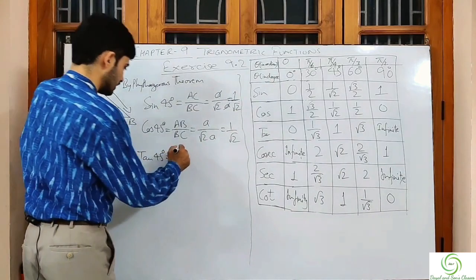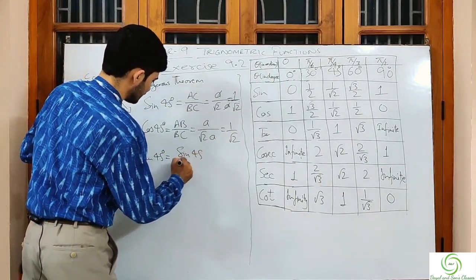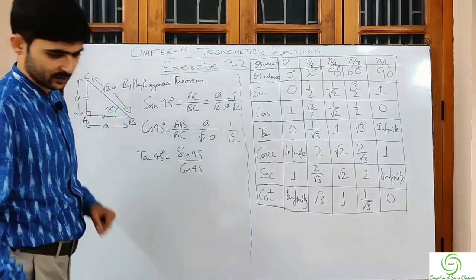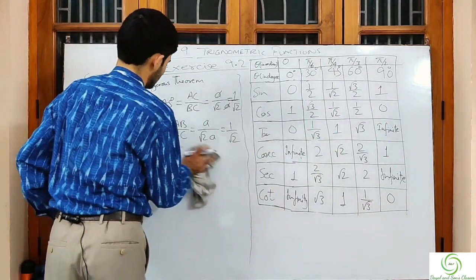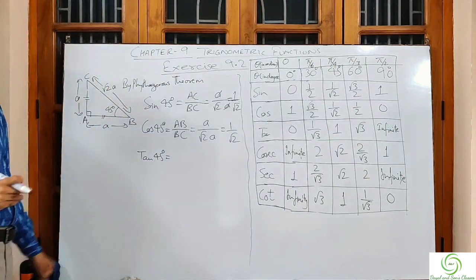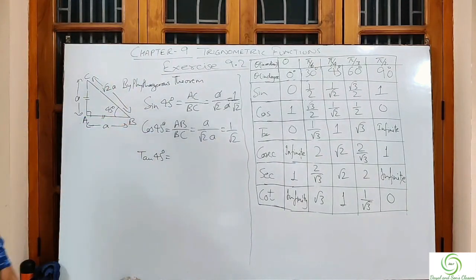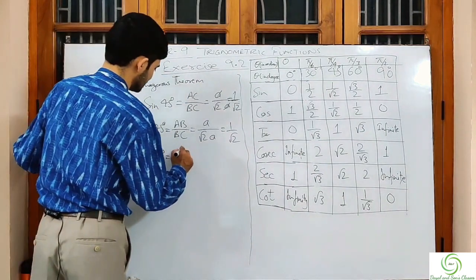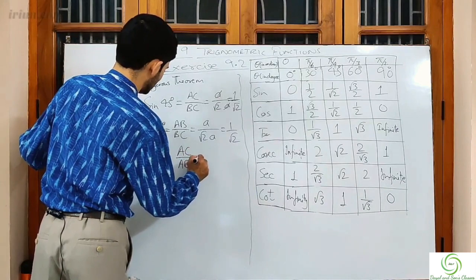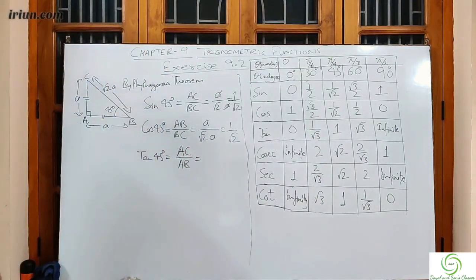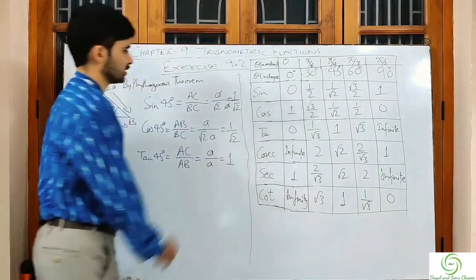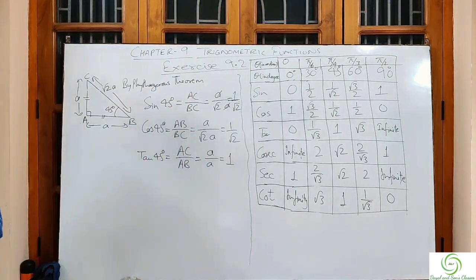Tan 45 is equal to sine 45 upon cos 45. Okay, let us not do it by this. We use the triangle method. Now tan 45 is equal to perpendicular upon base. Perpendicular here is AC and base is AB. AC upon AB, value of AC is A, AB is A, that is equal to 1. So tan 45 will be 1, right?